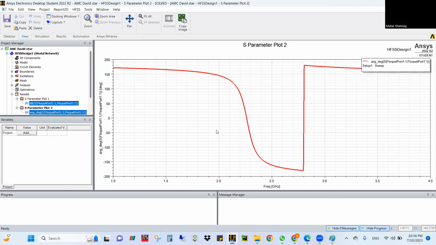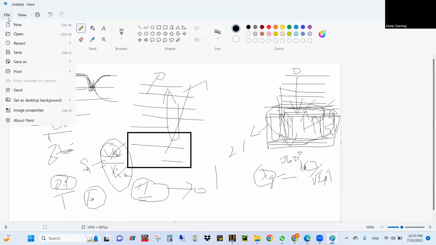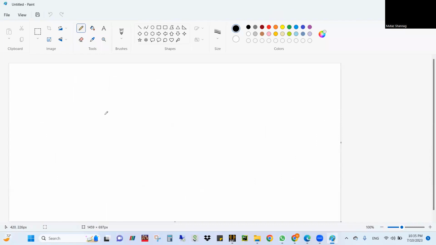See, it has some background basically. For example, you are having an array. You are placing unit cells like this, right?